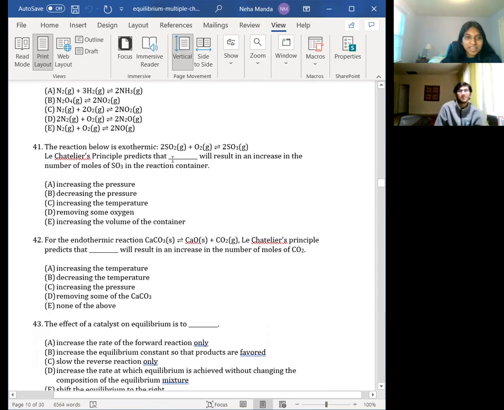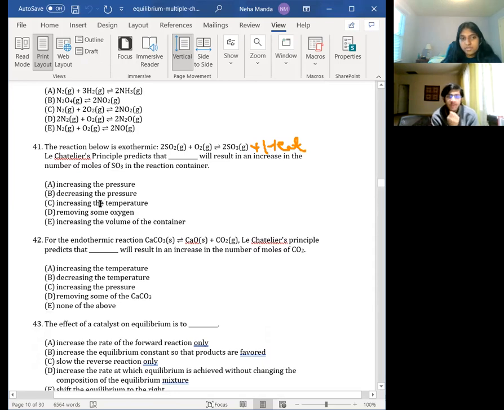Okay, this is exothermic, so it predicts heat on the right side. So it'll probably have to do with temperature. Increasing temperature will push it to the left. So I don't think that this is true actually, right?